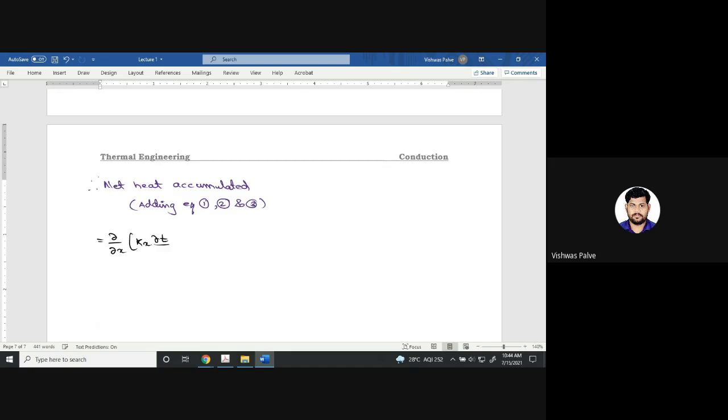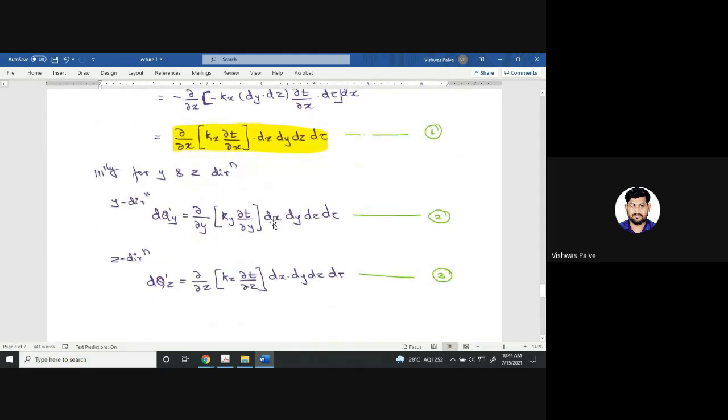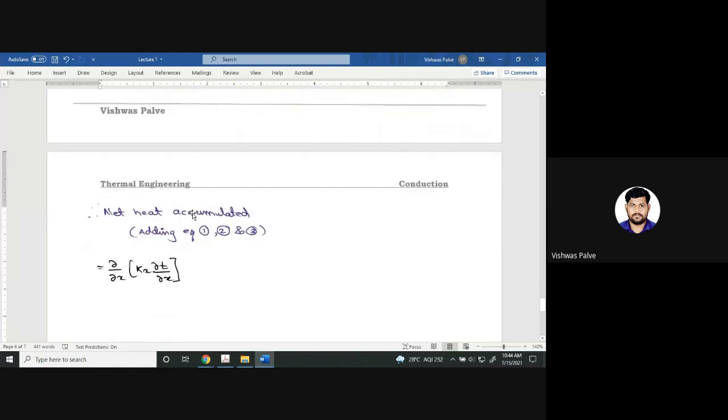Now when we are rewriting the equation, you can see the three terms dx, dy, dz, d tau, dx, dy, dz is in common. So directly while writing, I can take that in as a common term.